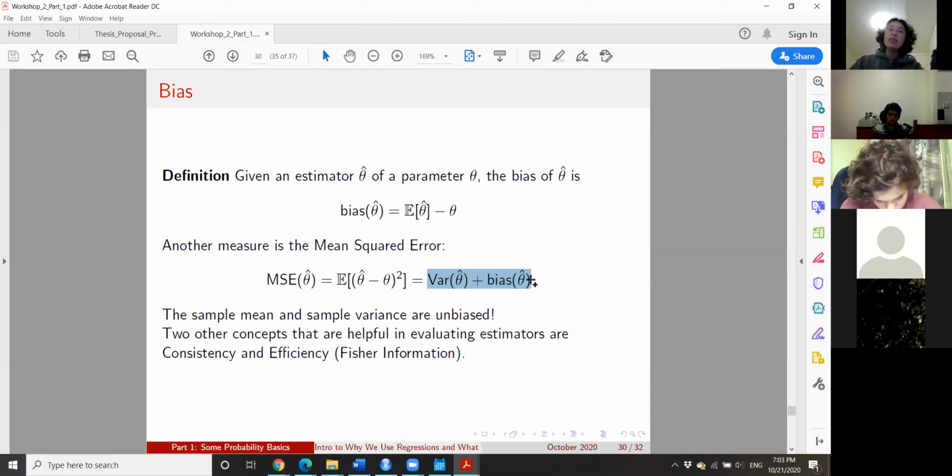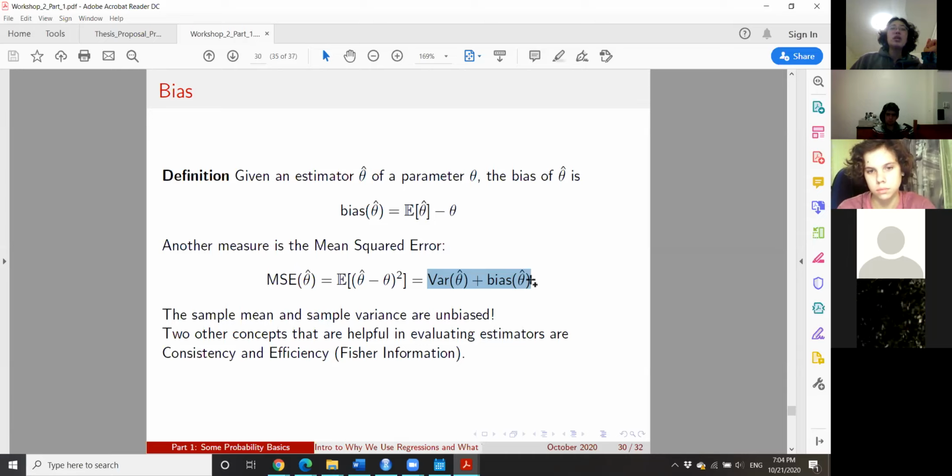In that case, the variance of your estimator is 0, but the bias is probably super high, unless you're extraordinarily lucky. It's not exactly the case that the two perfectly trade off, but it is true that there is some conception of a trade-off between the bias and variance of estimators. Importantly for us, and for economists everywhere, the sample mean and sample variance are unbiased, which is nice to know.